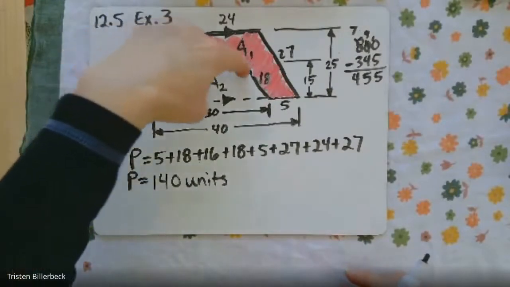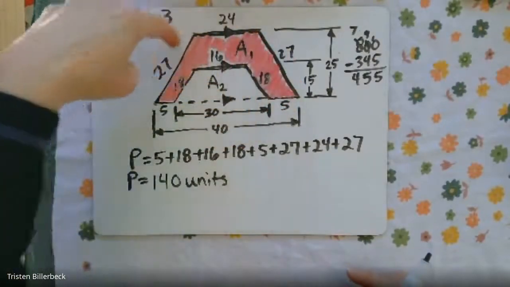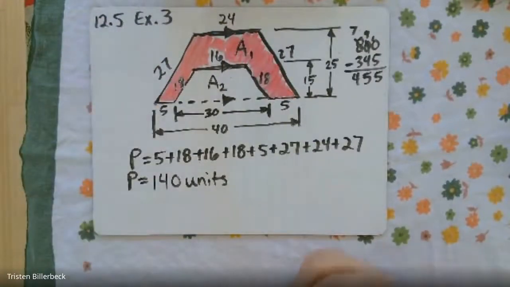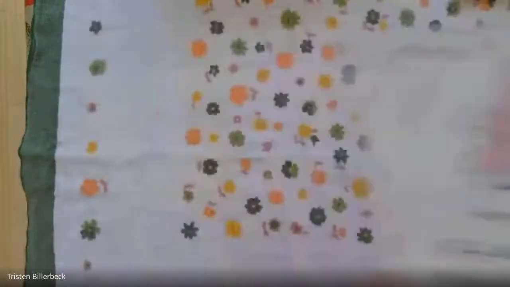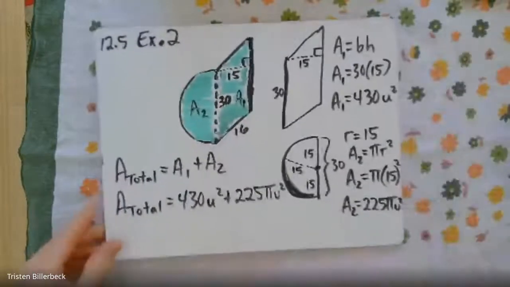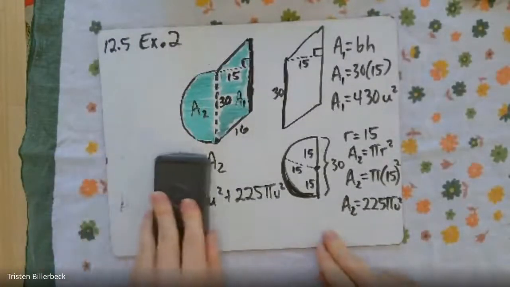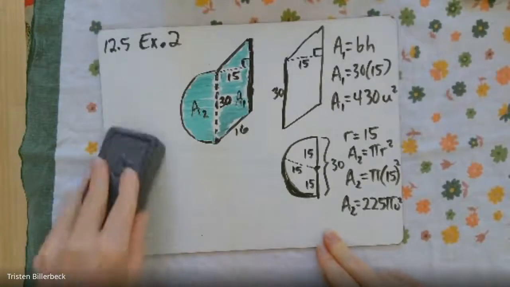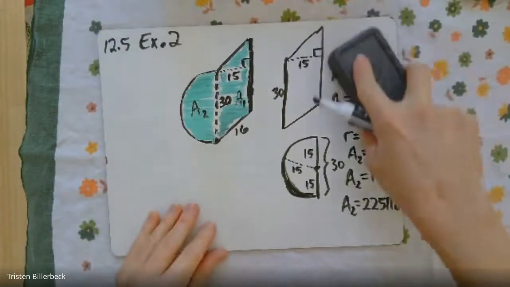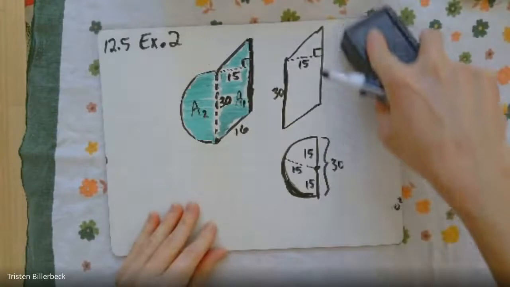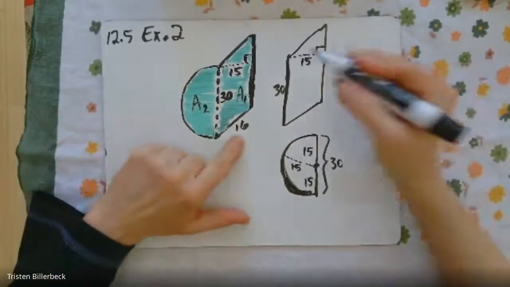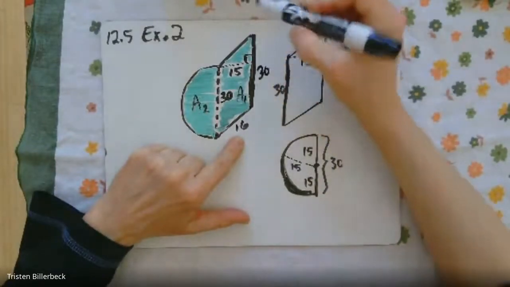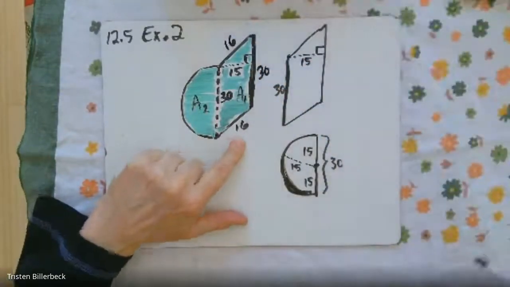You just go and add up all the sides all the way around the cutout shape. All right, let's look at the perimeter of this one. So instead of doing area, we can do a perimeter. So we know this is 16, this is 30, and this has to be 16 because it's a parabola.